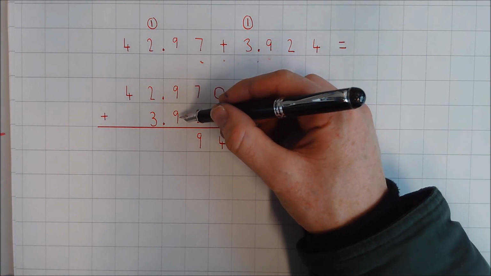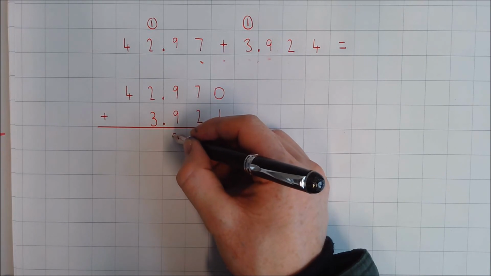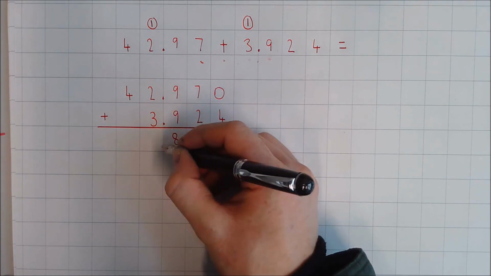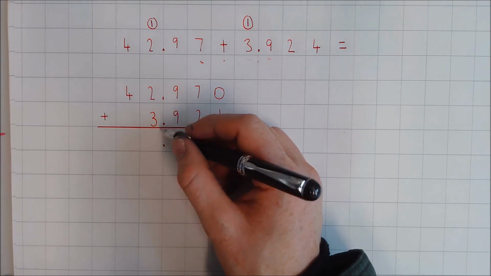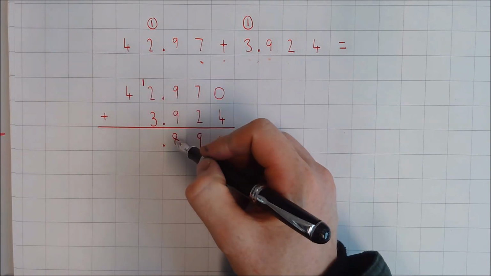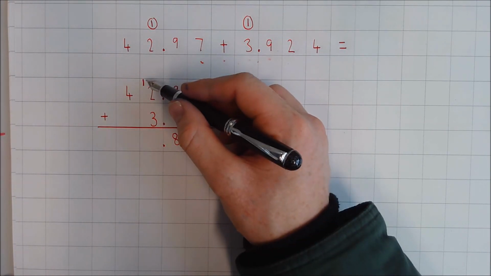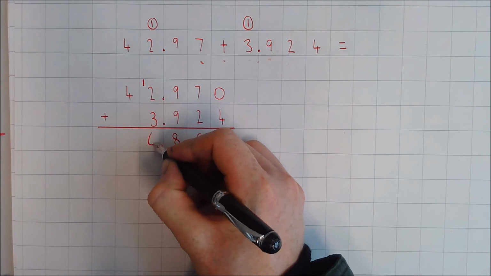9 tenths add 9 tenths is 18 tenths. So 8 from our 18 goes here. Then the 10 from our 18 tenths makes 1 whole. Our 1 and 8 is our 18. 1 and 2 and 3 make 6.